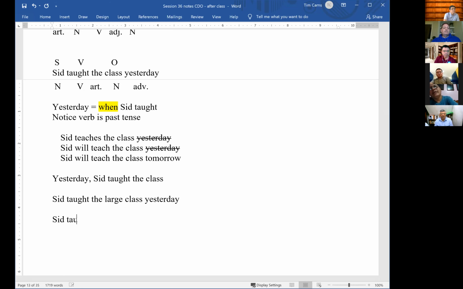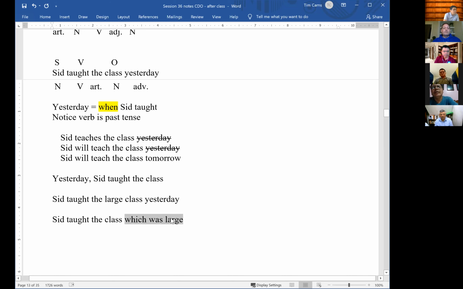You could also have "Sid taught the class which was large." Now I have more than one word here, but this clause actually has a subject and a verb, and "which was large" is modifying "class." So this clause is now functioning as an adjective, all three words together.